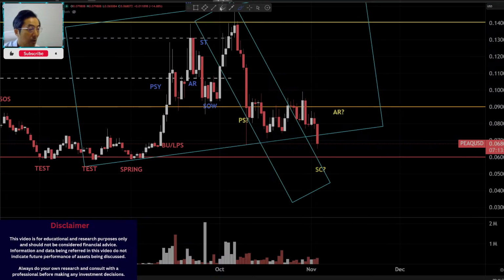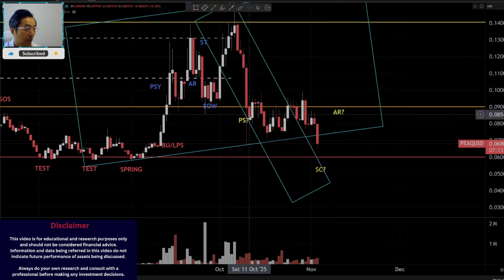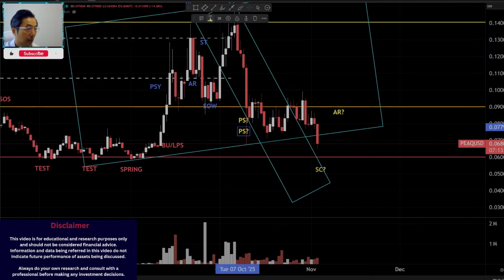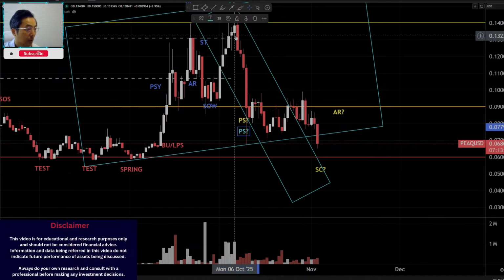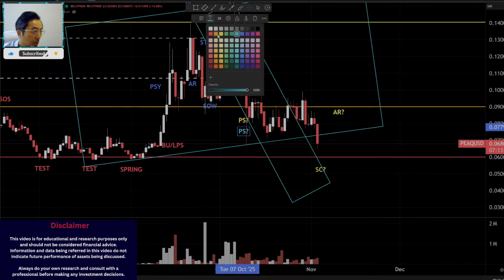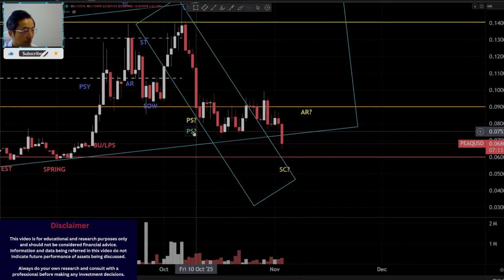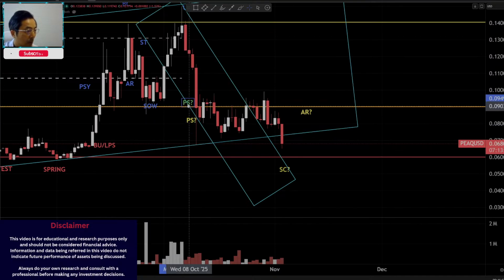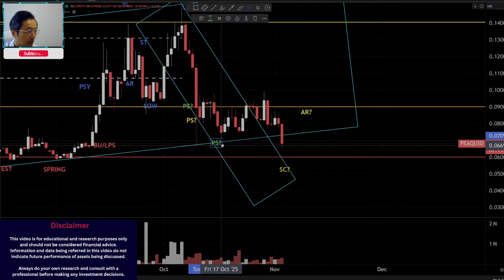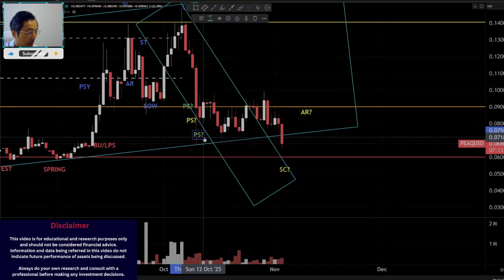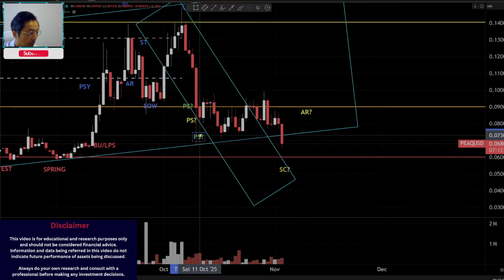Scenario 2, this particular period is an accumulation. So let's use another color. Let's say use this lighter blue or maybe a green. Okay, let's use green. Assuming the preliminary support period was there, and then this was actually the selling climax.